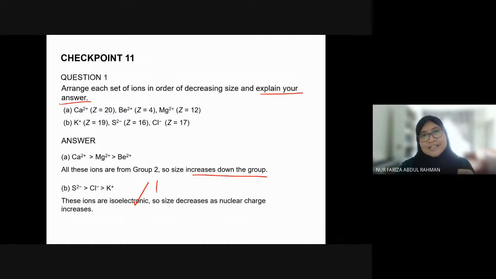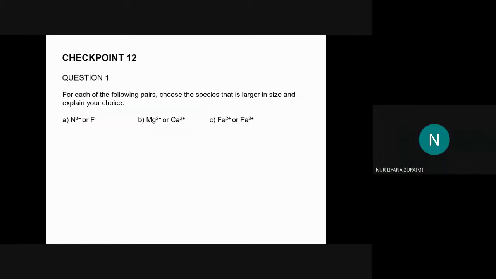Okay, because nak tak nak kita memang akan terstate the trend. Okay, alright. So that's why normally tak ada markah for trend tu. Dia across the period increases. Dia tak represent apa-apa. Across the period increases due to Z effective and blah blah blah blah. Tu ada markah.